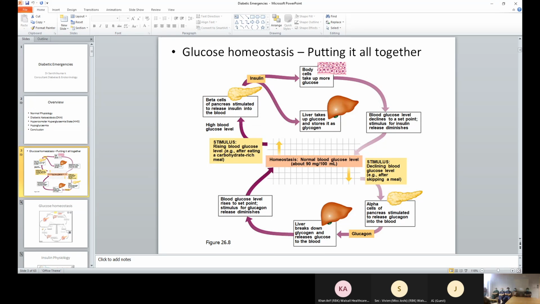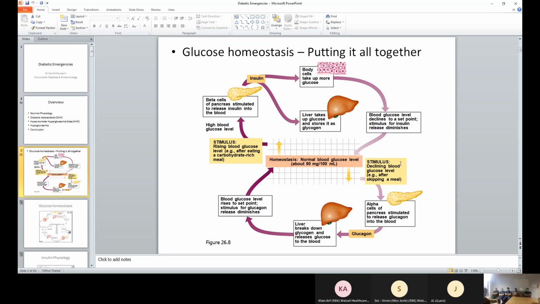When we eat, the blood sugar goes high, and that stimulates the beta cells in the pancreas to release insulin. That insulin helps the tissues that need glucose to take it up. With that, the blood sugar drops. When the blood sugar reaches 4 millimole, the insulin production from the beta cells switches off.